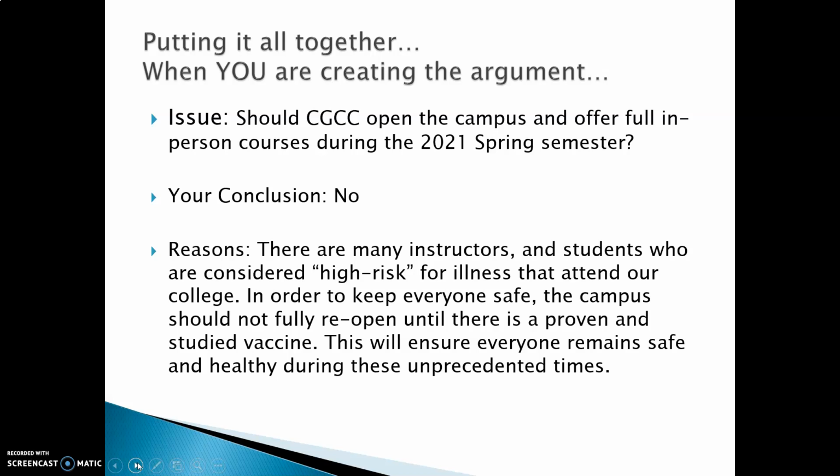Okay, so you came up with some reasons such as, there are instructors and students who are high risk. To keep everyone safe, it shouldn't reopen. It will ensure everyone remains safe during these times. So in this case, you have given three pretty decent reasons, especially since this is just a little mini argument.